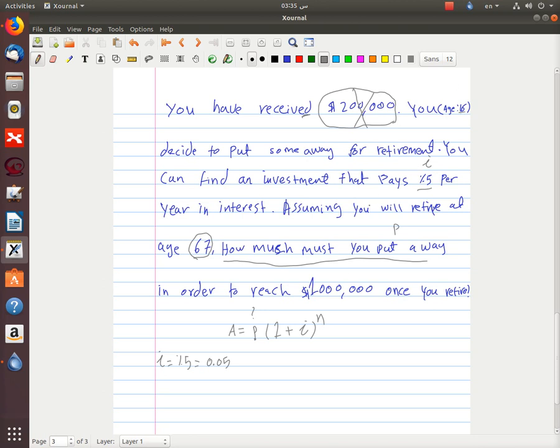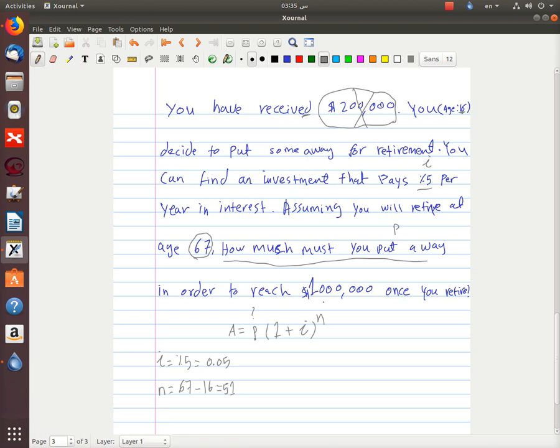So you're not gonna start saving for retirement when you are born, but after 16 years you decided to start putting some money away, and you assume that you're gonna retire at 67. So N actually is going to be 67 minus 16, which gives you 51. Okay, so N is 51.